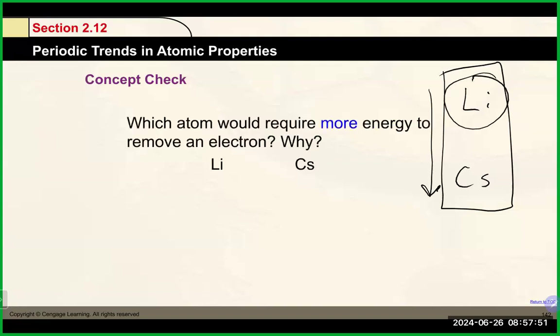Also, since Z effective decreases as you go down, lithium's outer electrons experience a stronger positive charge. So it'll be easier to remove the cesium and harder to remove the lithium.